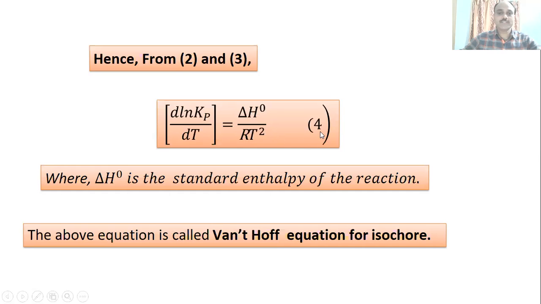Let this be equation 4, where delta H naught is the standard enthalpy of the reaction. This equation is called the Vant-Hoff equation or isochore.